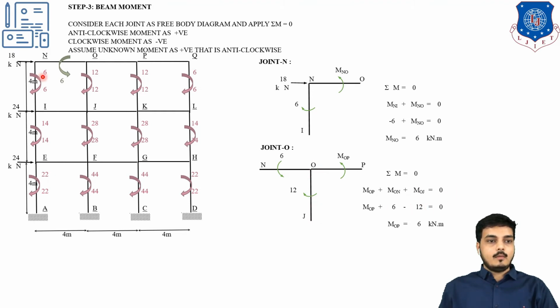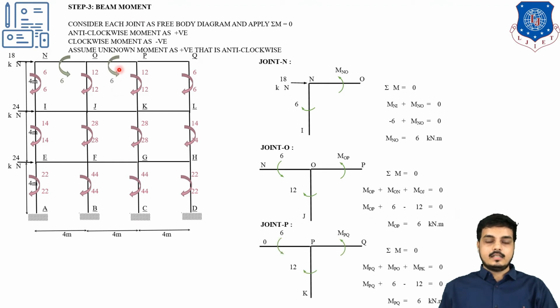Now look, this column moment which we have already found out, and this beam moment which we found out just recently. With the help of these two values we can find out the third one. So this is clockwise, so it will be minus. This is anti-clockwise, so it will be plus. So MOP plus 6 minus 12 equals to 0. It is MOP equals to 6 kN into meter. So I have placed it again as it is.